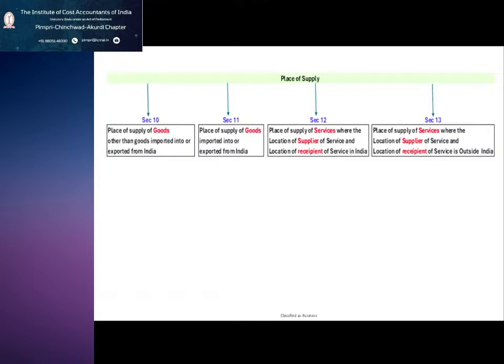Section 10 is for supply of goods other than goods imported into or exported from India. But section 11 is for supply of goods imported into or exported from India. And sections 12 and 13 are for services.